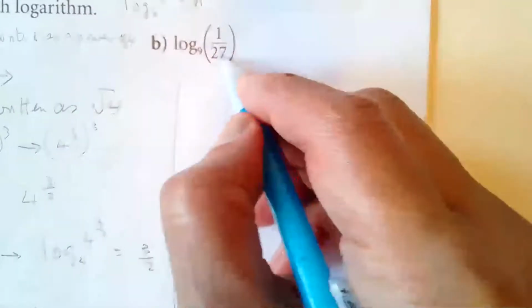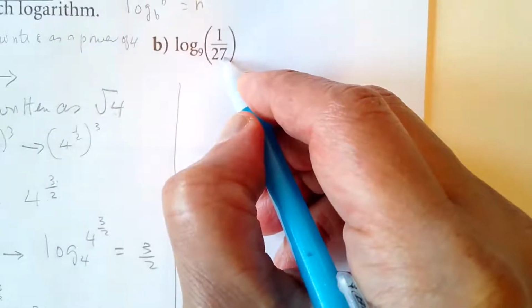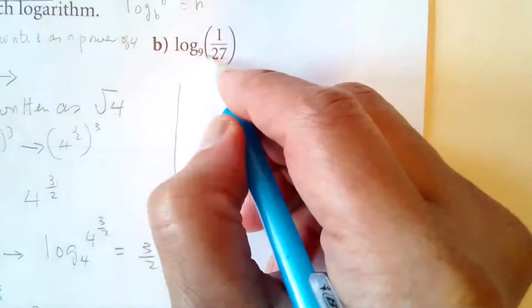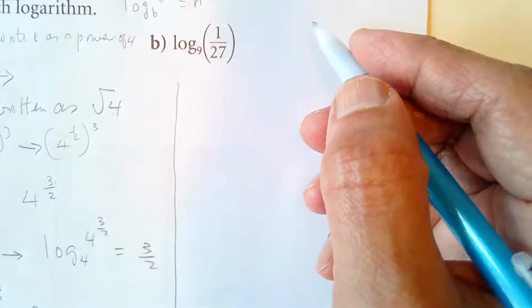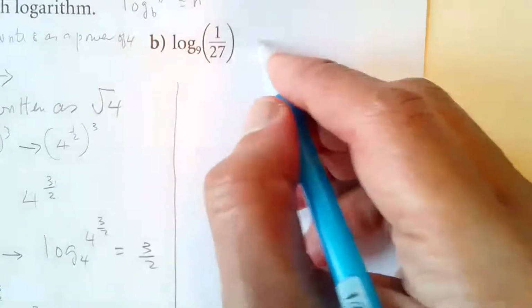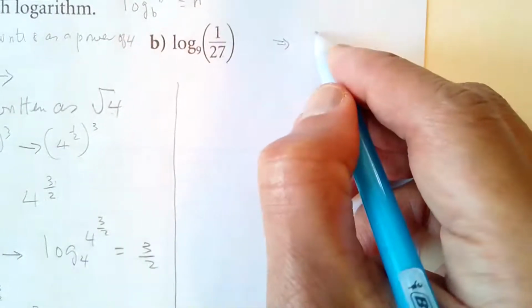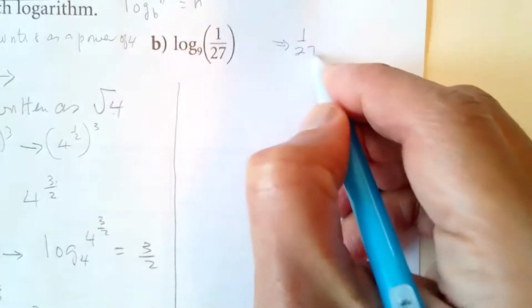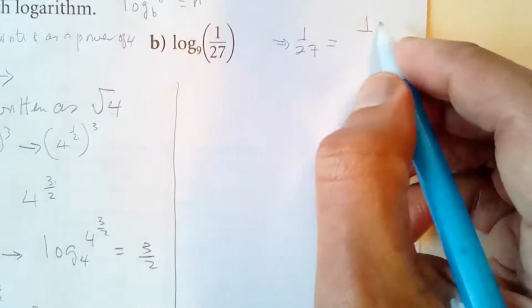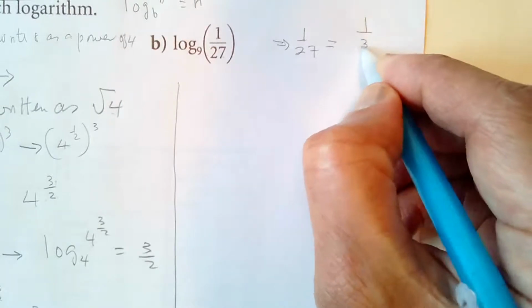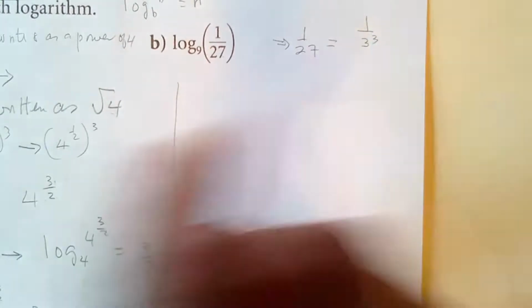Here we want to write 1 over 27 as a power of 9. So 1 over 27 could be written as 1 over 3 to the power 3.